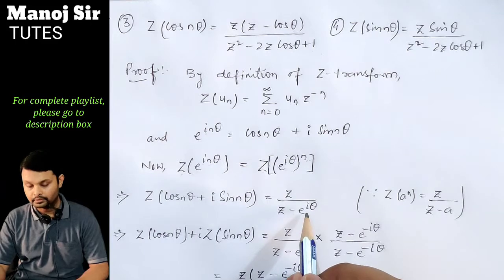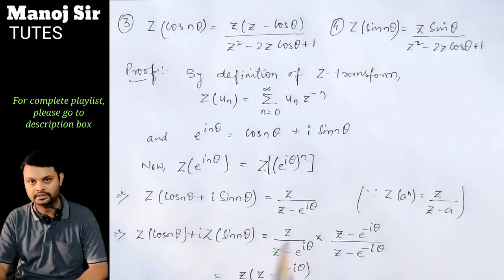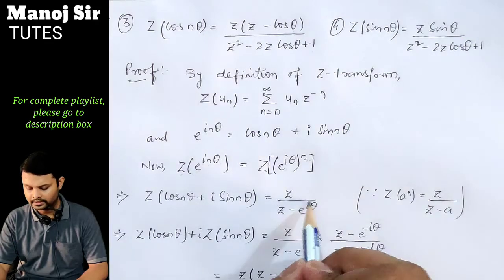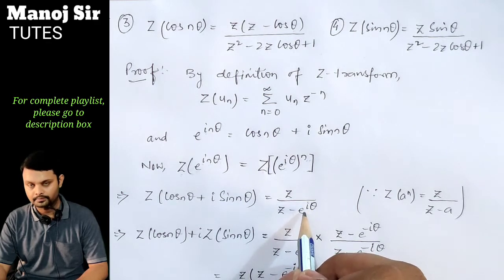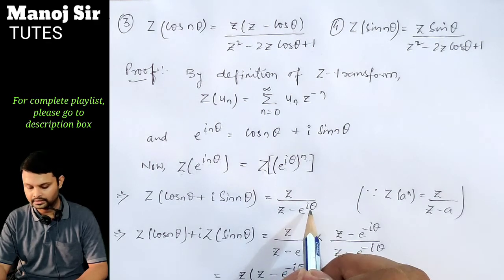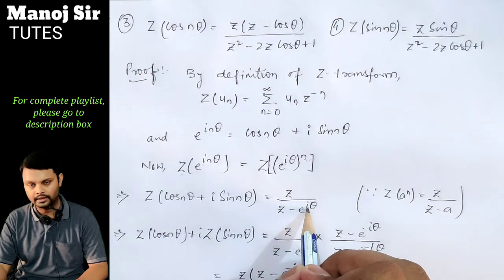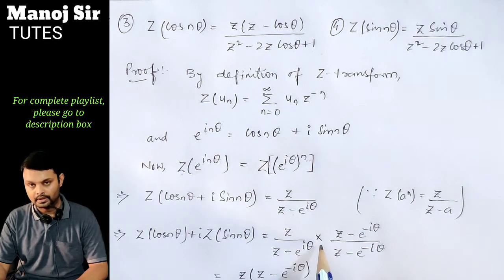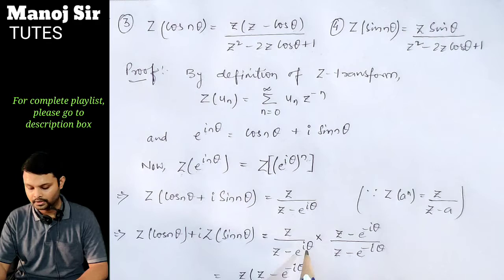Now in the next step we have to rationalize this. While rationalizing you must be aware of this very important thing: this is a complex part, because here we have i. Whenever you want to rationalize, simply change the sign of i. Like here we have e to the power iθ, so we rationalize with z − e^(−iθ) upon z − e^(−iθ).